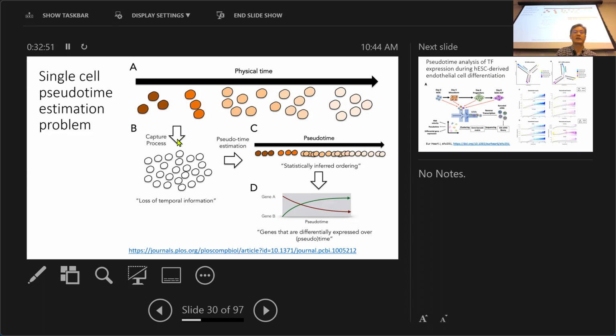You collect the cell group at one time point, and then you want to reconstruct and try to reflect its true development time. I don't have any cursor here, sorry about that. And then the result is you try to find the genes that change along the time frame.